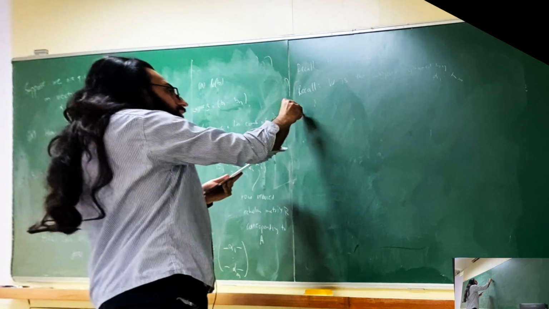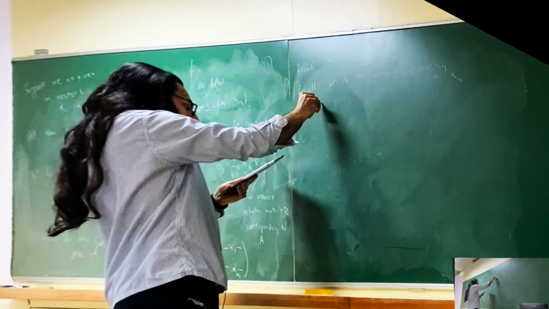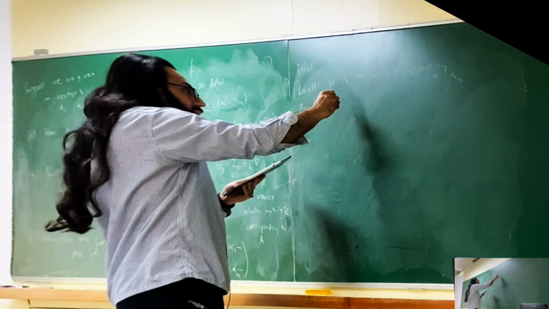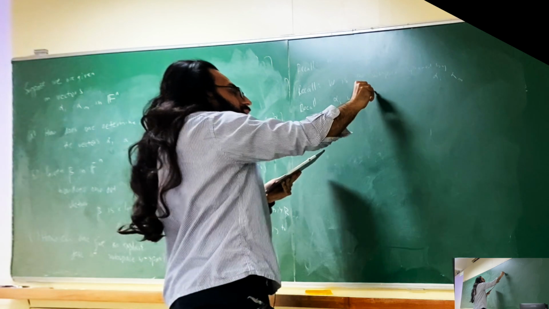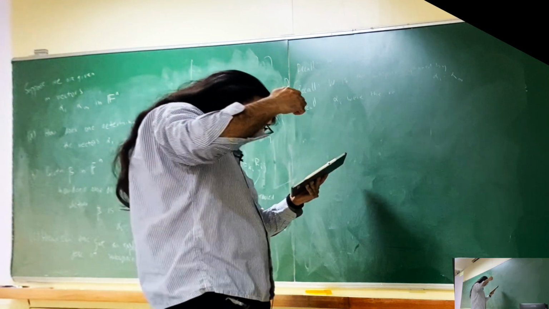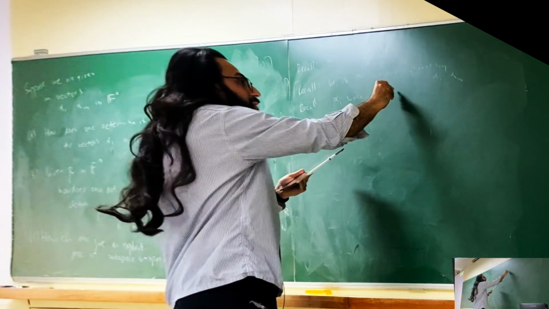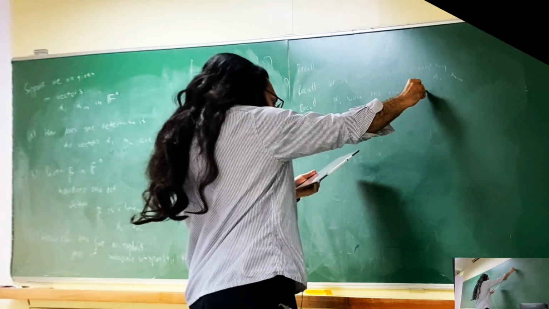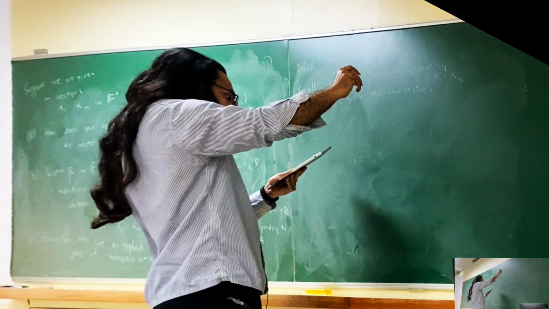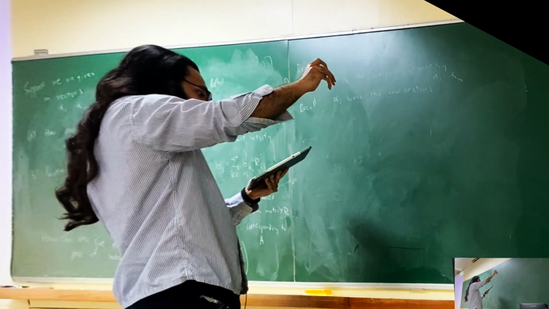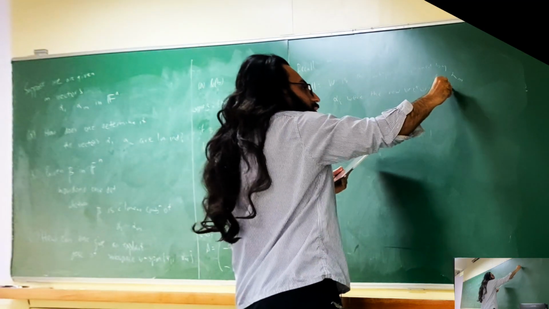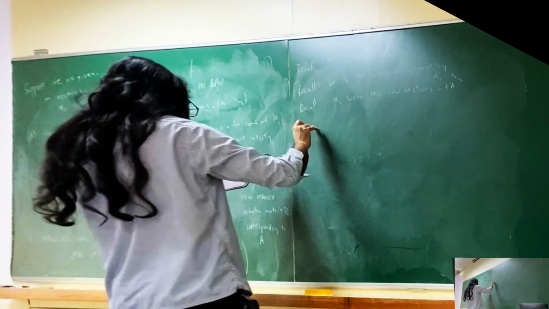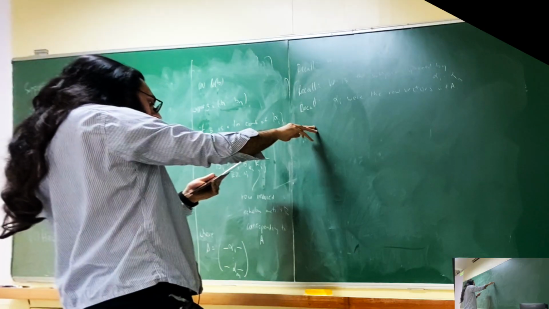And then the last one is that the alphas are the row vectors.